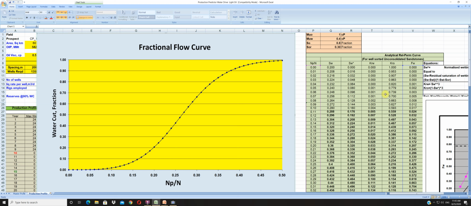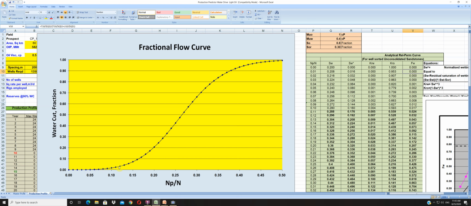So KRW here is a function of normalized water saturation to the power 3, and 1 minus SW star to the power 3 is KRO. And then FW is computed, as I showed you in the previous slide, as the ratio of lambda W by lambda liquid. So from there we get the fractional flow of water for this particular system of 1 centipoise.